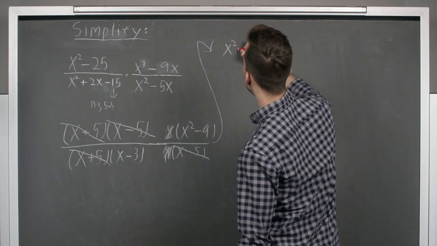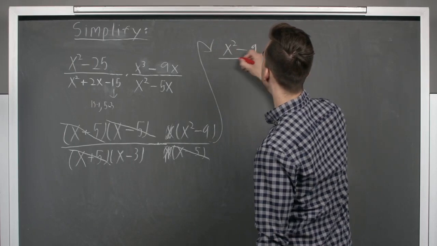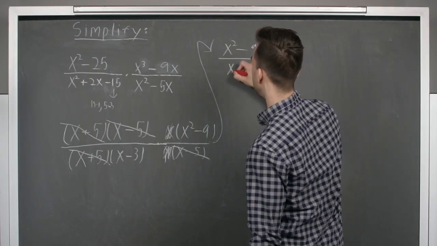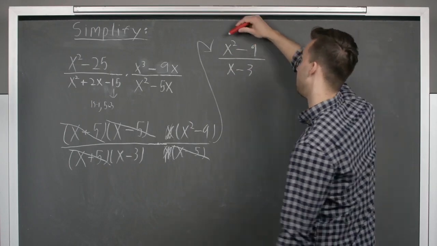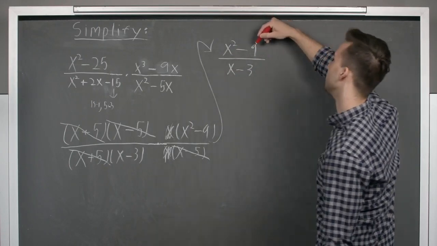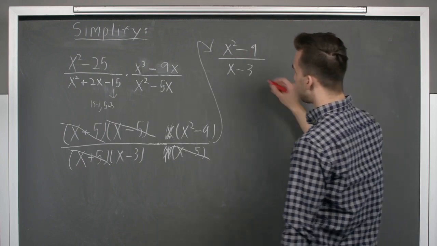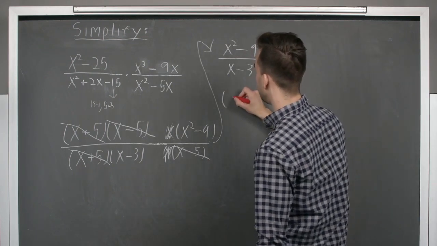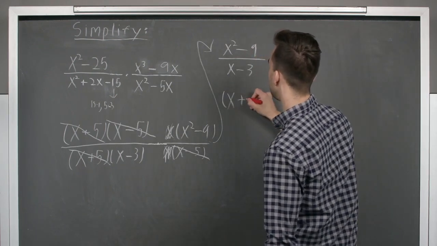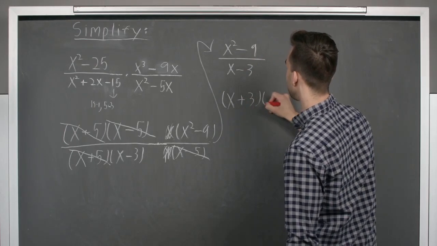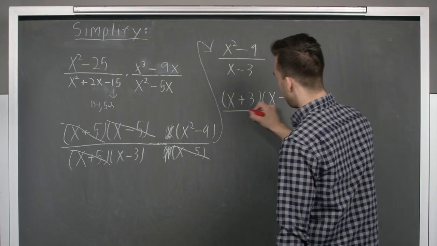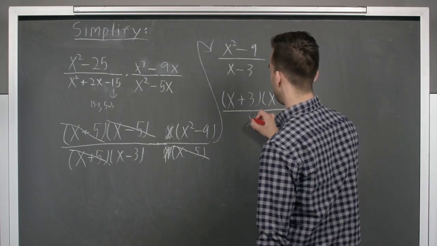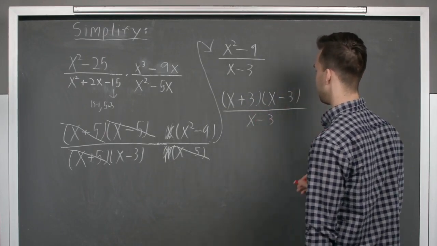And if you'll notice, we still have a difference of squares that we can factor, right? Because we're able to take the square root of this and the square root of 9. So let's rewrite our top as the square root of the first term plus the square root of the second term, times the square root of the first term minus the square root of the second term, and then all that over our denominator of x minus 3.